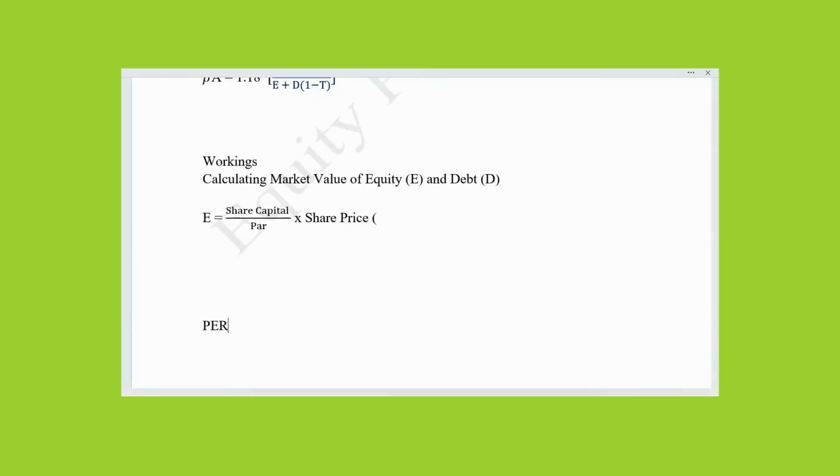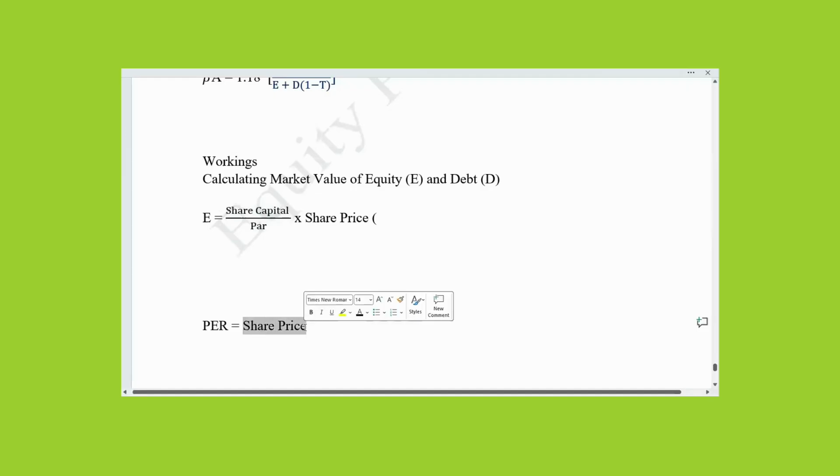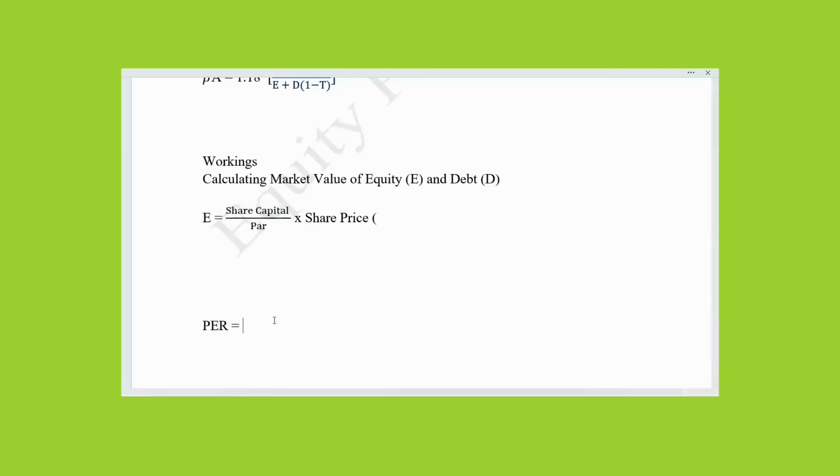Remember, we say price earning ratio is calculated as share price divided by earnings per share.